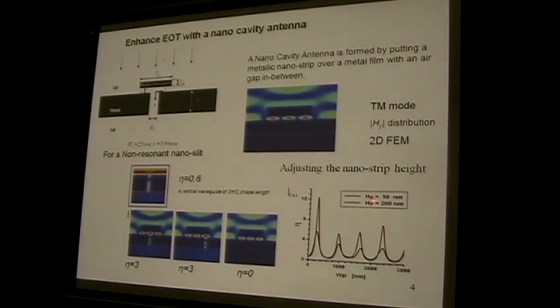And this is for different thicknesses in this case, and also different lengths of the gold nano layers. And you can scan it and find the optimal gold nano layer, which forms the cavity antenna.